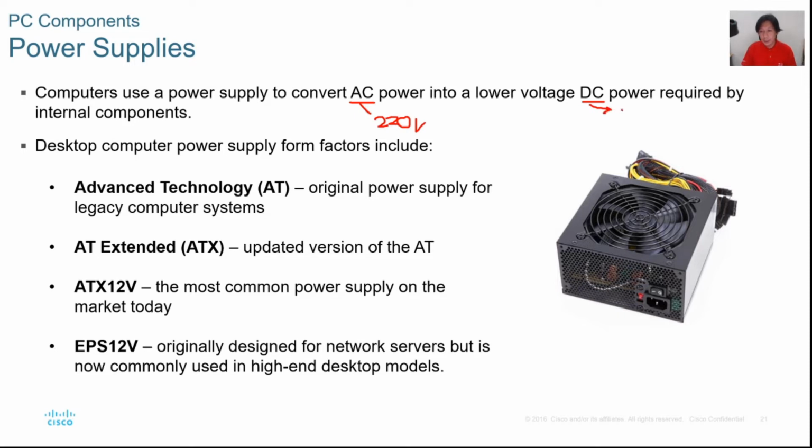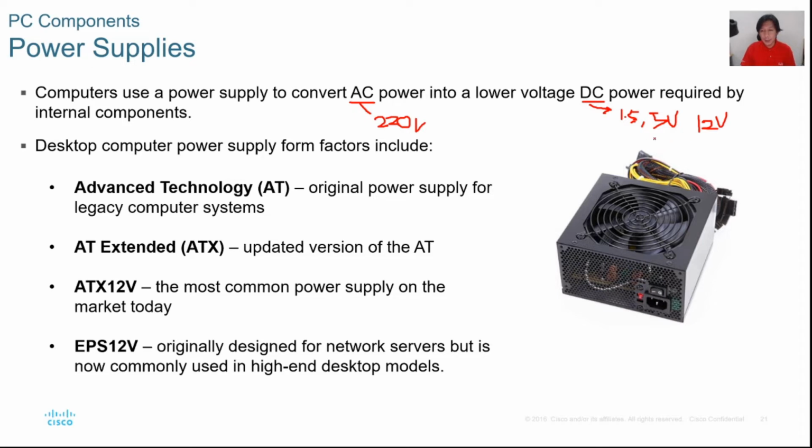For example, we have 1.5 volts. The charger of our mobile phone is around 5 volts. If you use motors and those things, they use 12 volts. Those are our DC power.